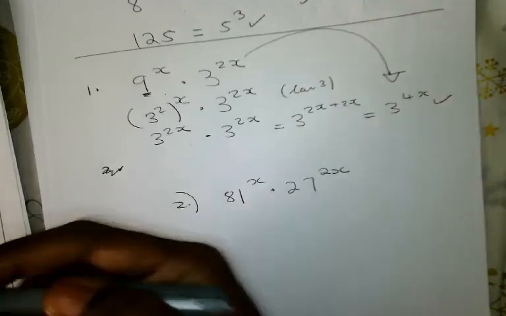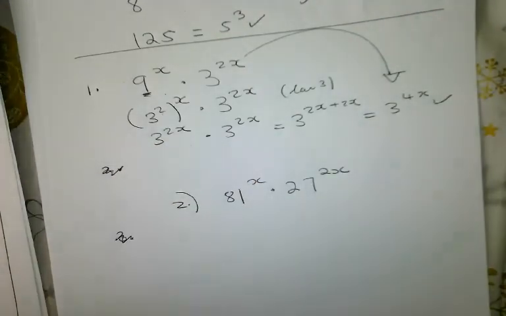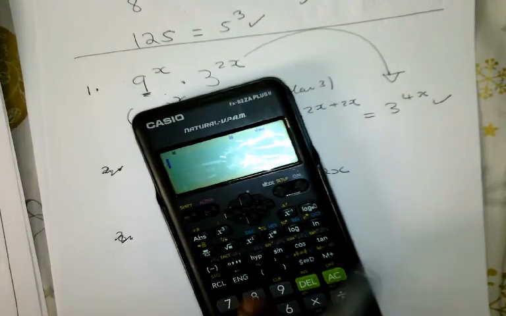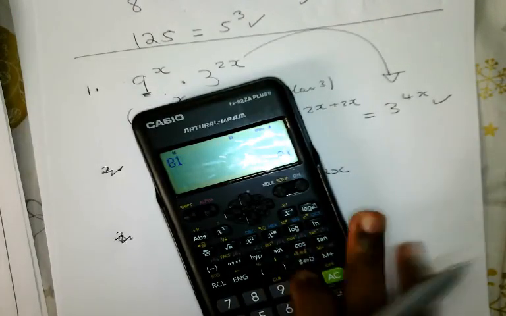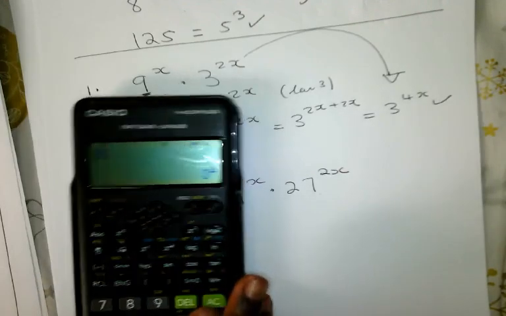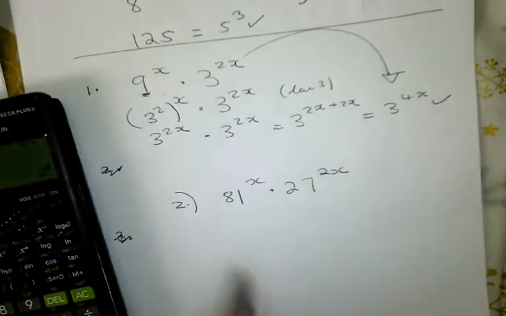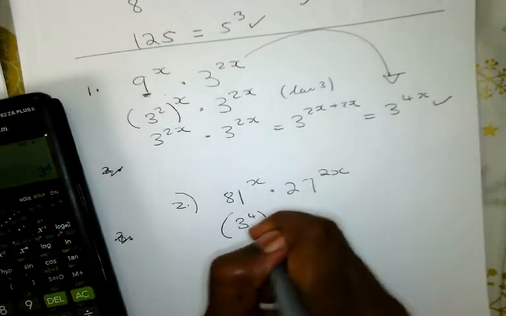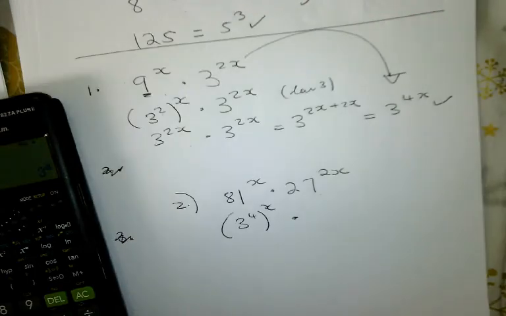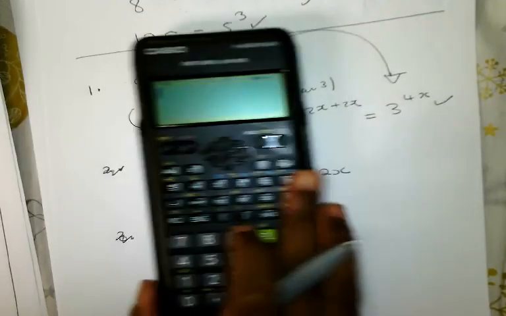So let's check 81. 81, you say equal sign, then you say shift facts, you get 3 to the power of 4. So in the place of 81, I'm going to substitute 3 to the exponent 4x multiplied by what? 27.